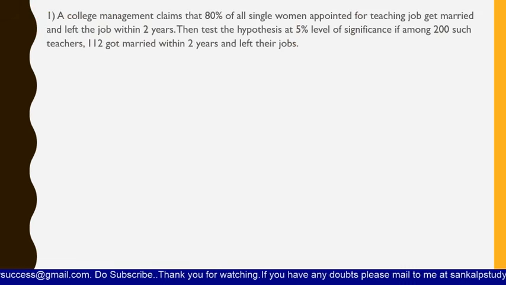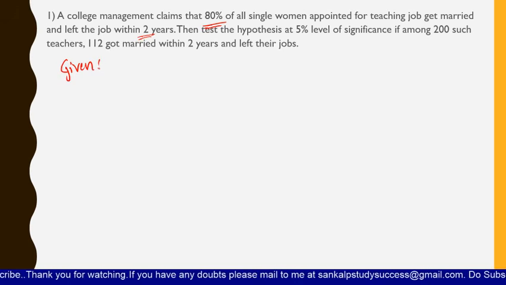Here a college management claims that 80% of single women appointed for teaching jobs get married and leave the job within 2 years. That means let us write the given data. So 80% of all the single women appointed for teaching jobs get married and leave the job within 2 years.